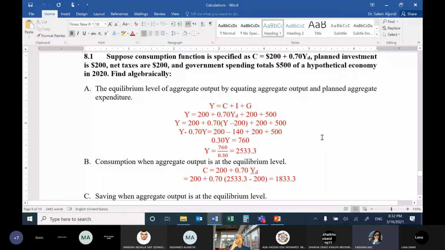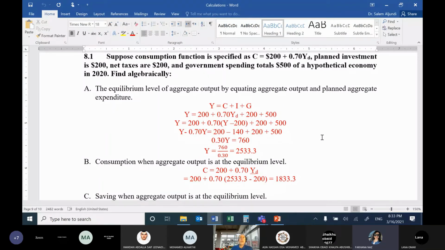Suppose consumption function is specified as C equals $100 plus 0.70 YD. Planned investment is $200. Net taxes are $200 and government spending totals $500 of a hypothetical economy in 2020. Find algebraically: A. The equilibrium level of aggregate output by equating aggregate output and planned aggregate expenditure.